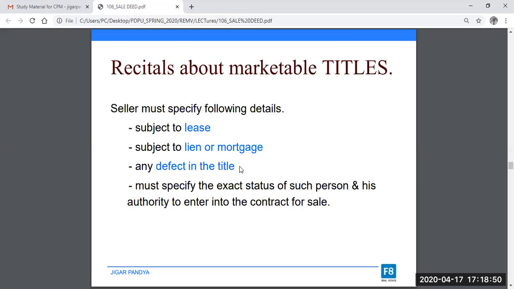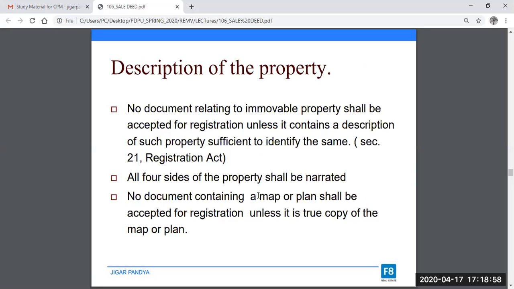So those are some of the serious aspects when you're looking at title. We already mentioned that the property needs to be properly described in the sale deed. So things like all four sides, area, map, everything.